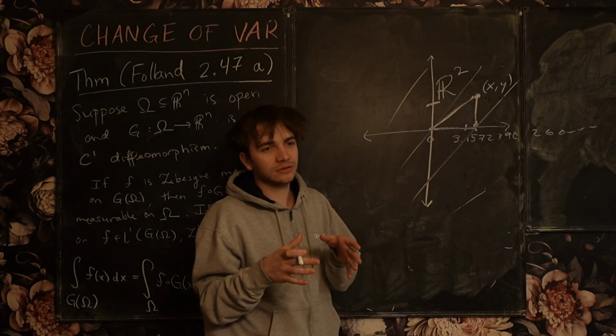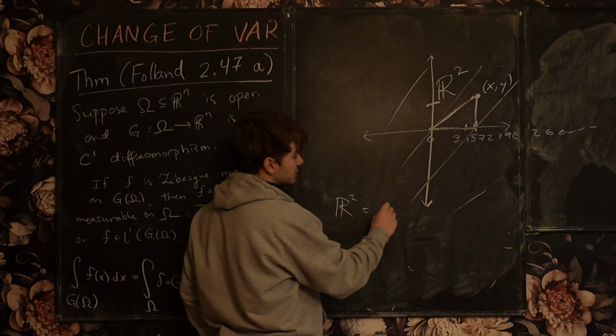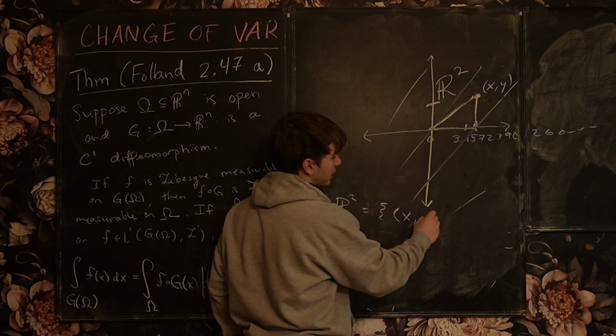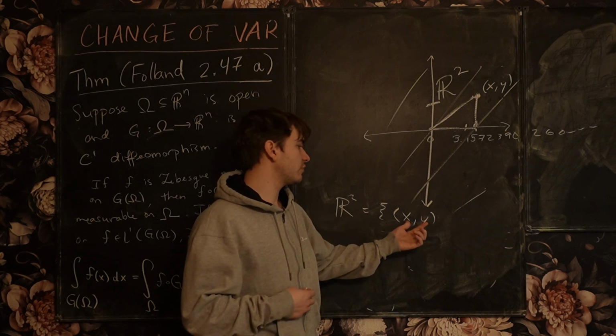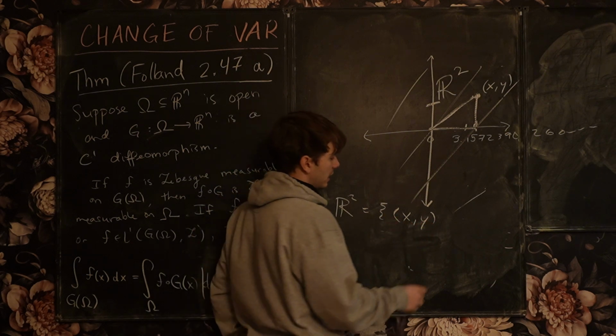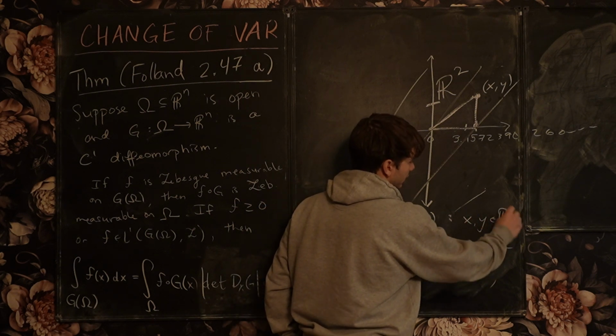Does that make sense? Yeah. So this is why we call it R2, because we just need to specify an x and a y. And then the set of all these points where x and y are within the real numbers.